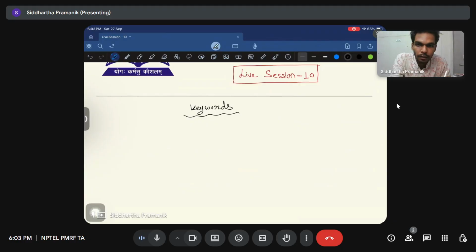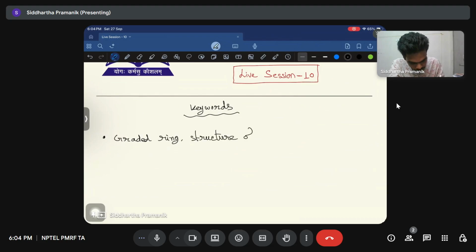In week 10, we were basically exploring the properties of graded rings. So we started with Z graded rings, and we have seen that when we have a Z graded integral domain, then we know the structure of that graded domain.